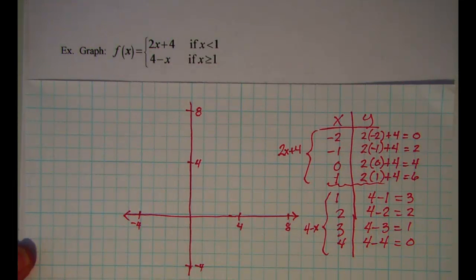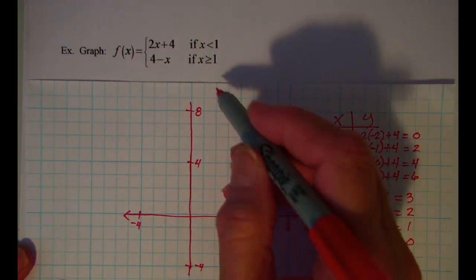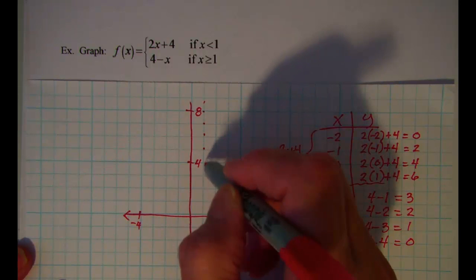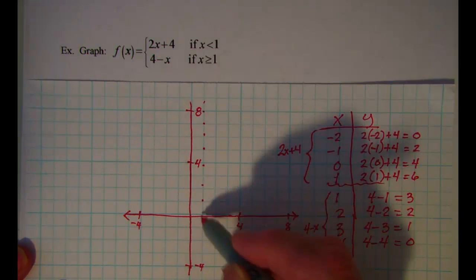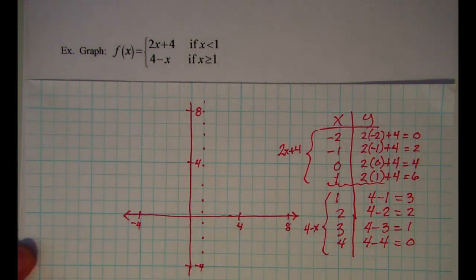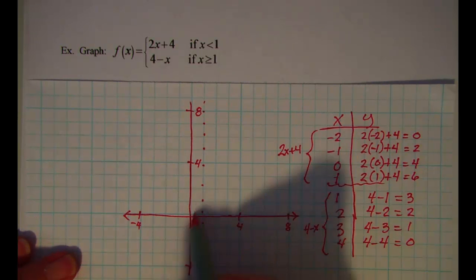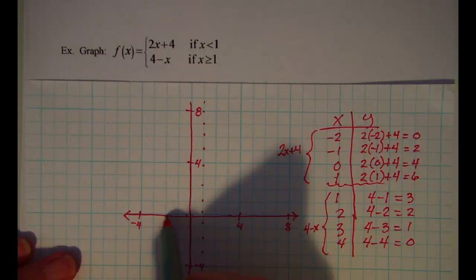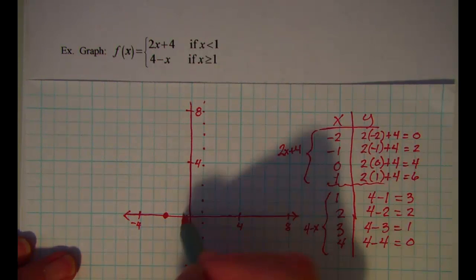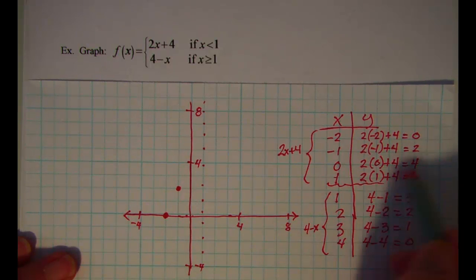Now let's plot these points, keeping in mind that my barrier is x equal 1. So I'm going to put a little dotted line here to remind myself that this is where the barrier is. When x is -2, y is 0. When x is -1, y is 2. When x is 0, y is 4.